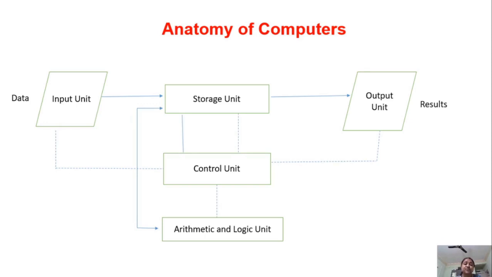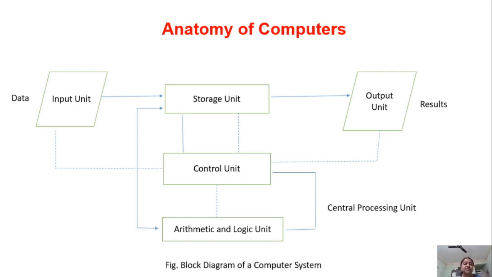This diagram shows how the data from the input unit is transferred to the storage unit and how the output unit gives us the result using the arithmetic and logic unit and control unit. Control unit, arithmetic logic unit and storage unit together are called the central processing unit.